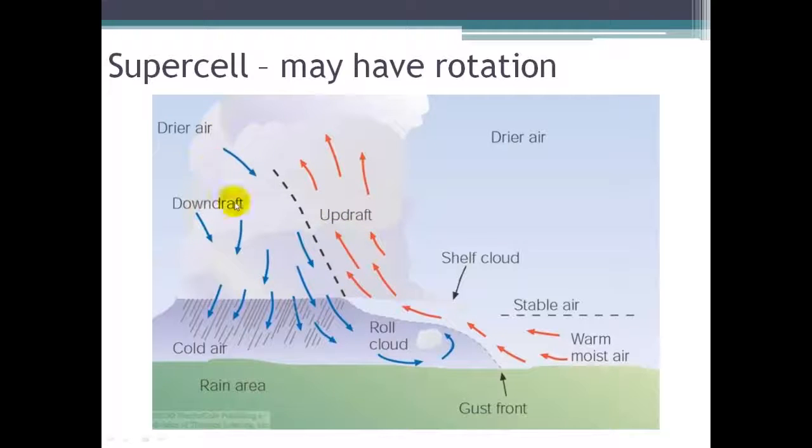And when we have the downdraft come down, we can get this gust front out front that can produce what's called the roll cloud. And these clouds become just kind of monsters of their own. So we can get some rotation down here at the surface, and we can also get some rotation happening within the cloud itself. We'll look more at these as we talk about tornadoes a little bit later in this chapter.